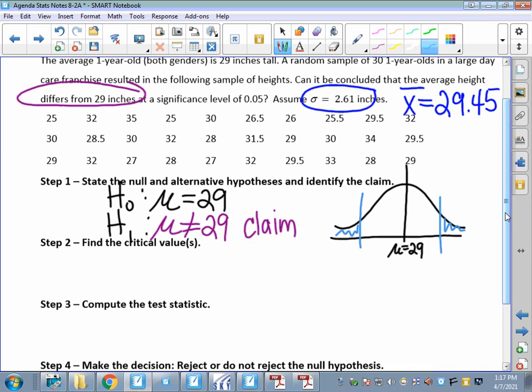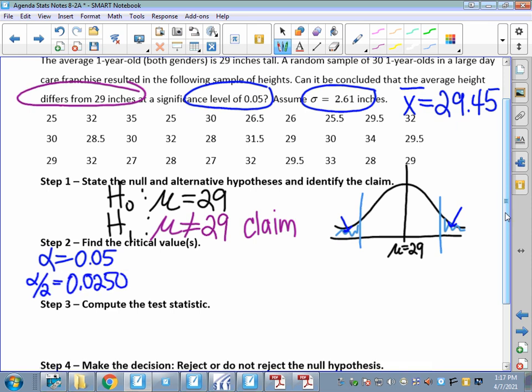So if we're going to find our critical value, our first thing is that we need to know our alpha, significance level of 0.05. But use your common sense. Because it's two-tailed, that 0.05 is split evenly between both of those. So our alpha over 2 is what we've got to use. If it's two-tailed, we always divide by 2.